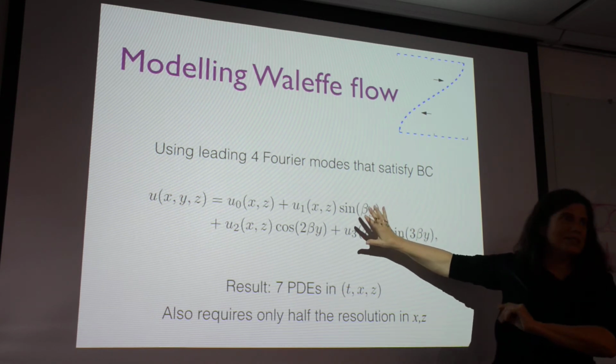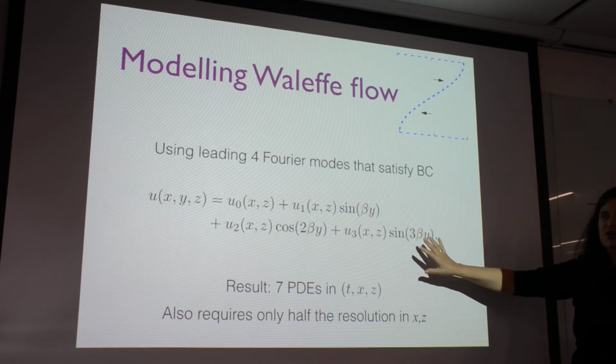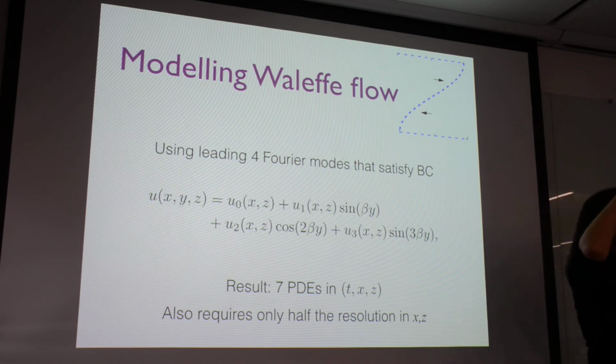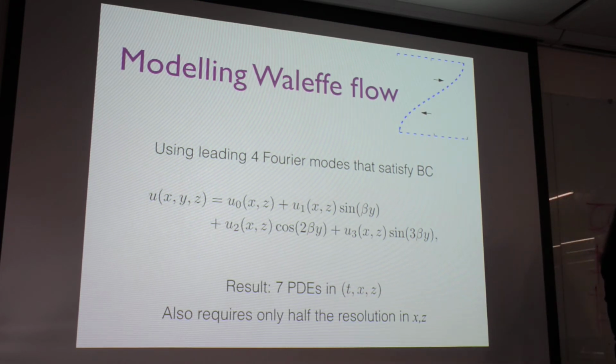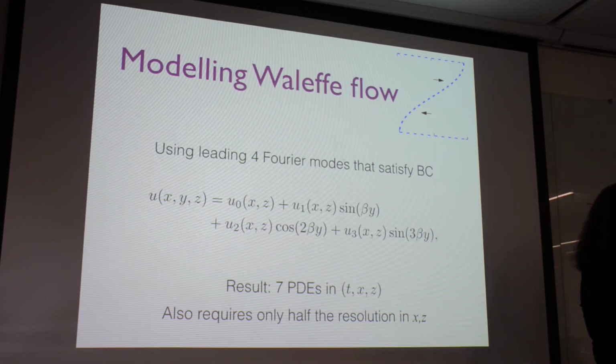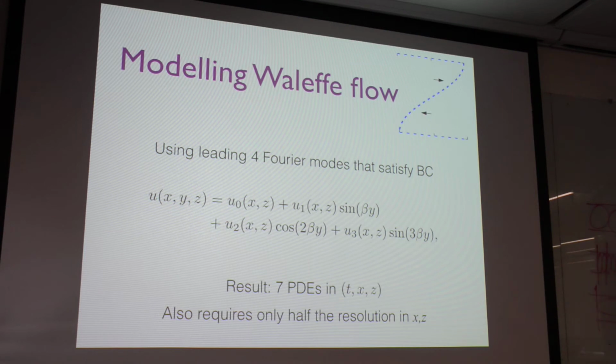It turns out that with less resolution in y, with bigger spacing in y, you actually don't need as much resolution in x and z. That size restriction gets propagated out, so you really have an enormous economy, about a factor of 50 in resolution, by using this model wall-free flow.